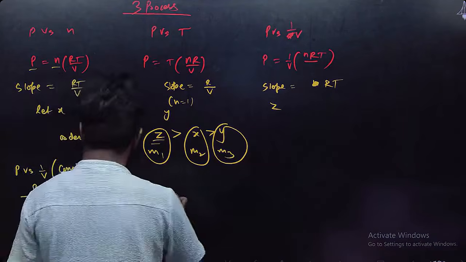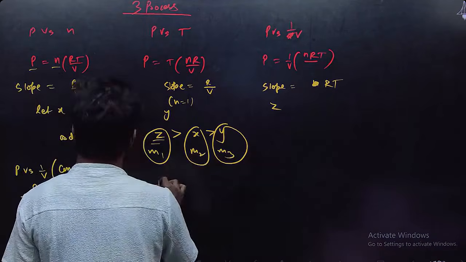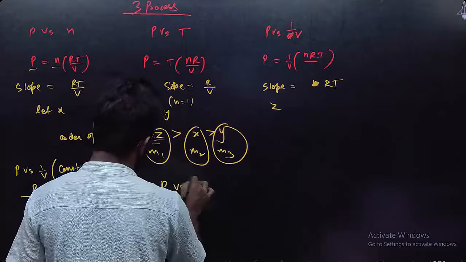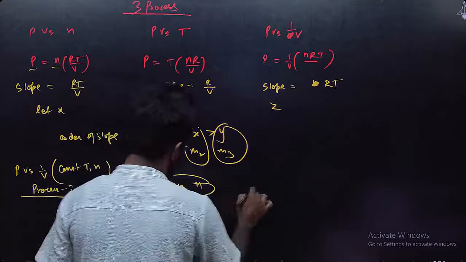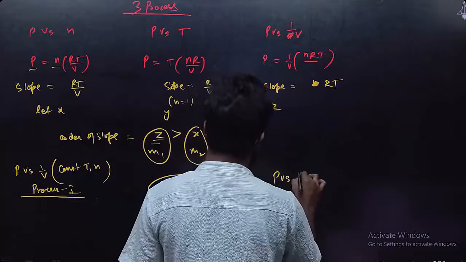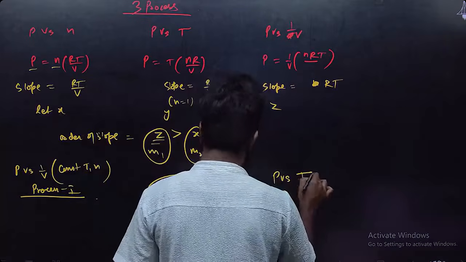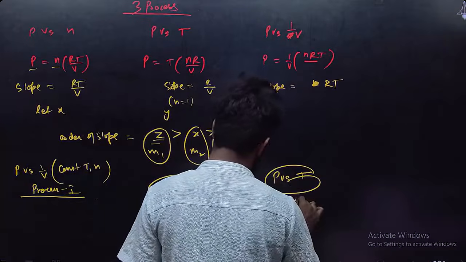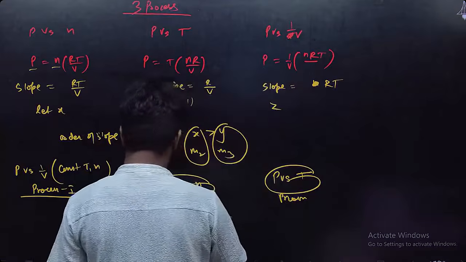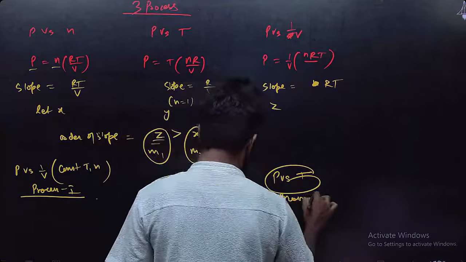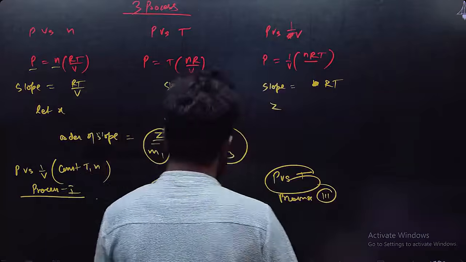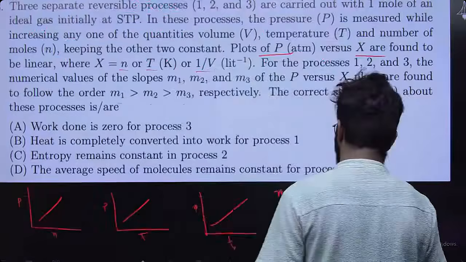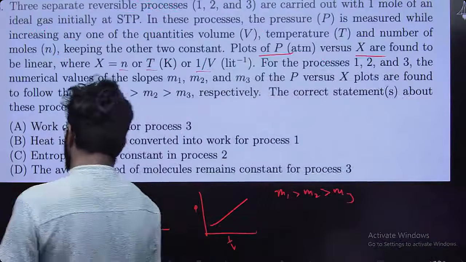And then followed by X, which is P versus N, and then P versus T, this is process second, and this is process third. Now you got it.